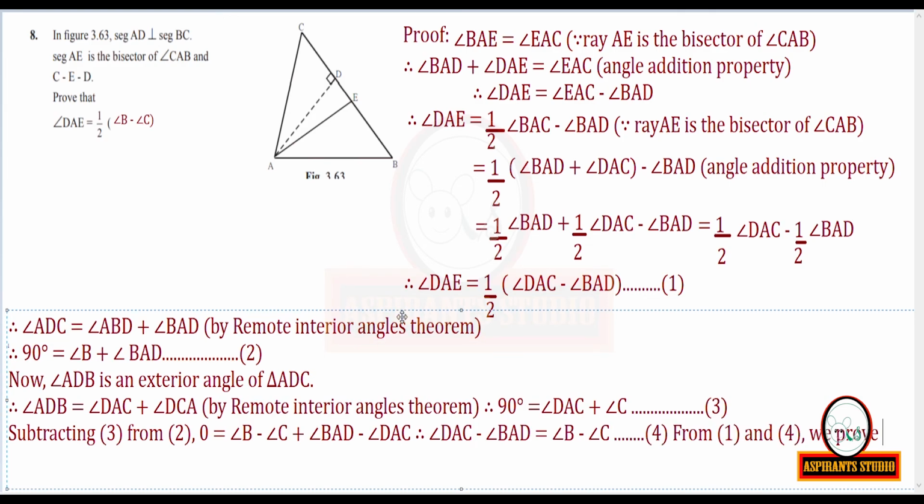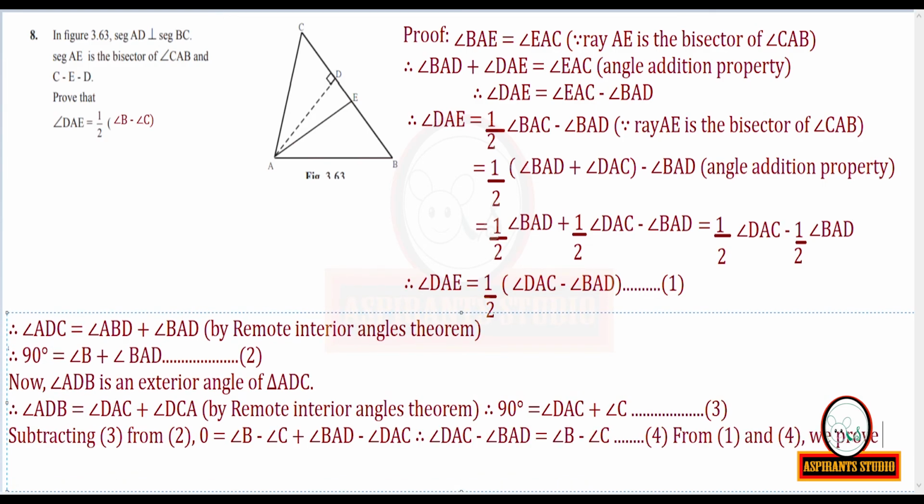In equation 1 we are substituting equation number 4. Now we are getting what we have to prove. Hence we prove that measure of angle DAE is equal to half of measure of angle B minus measure of angle C.